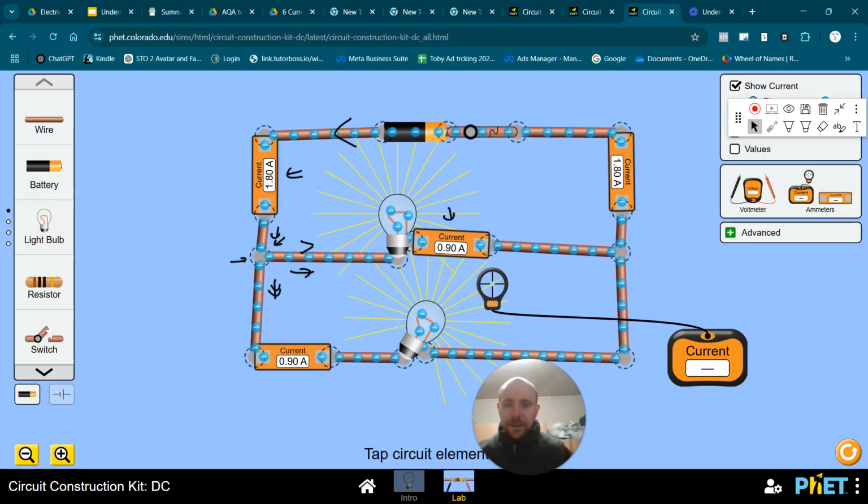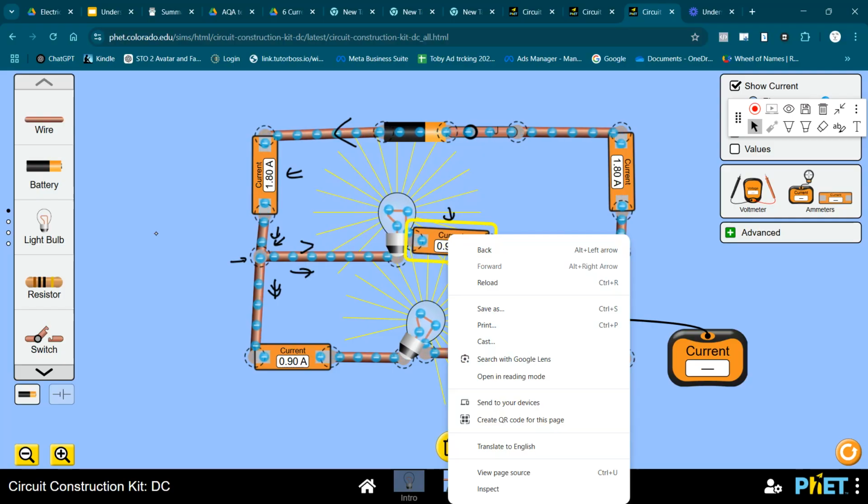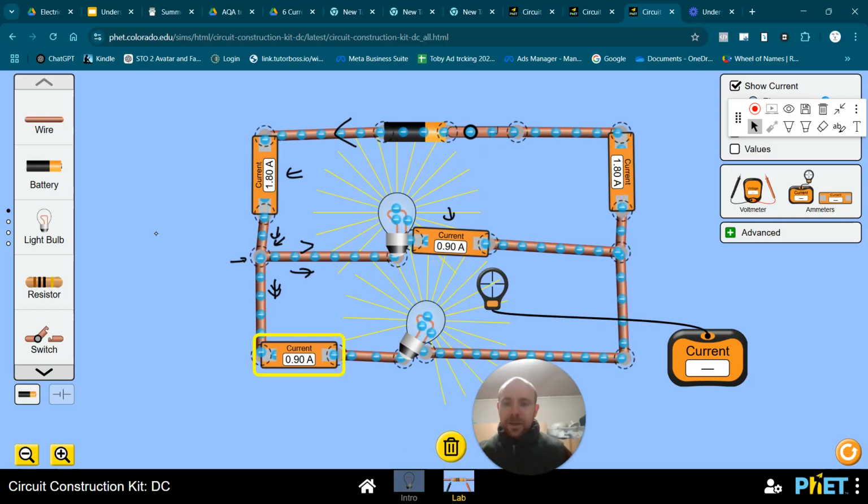This ammeter here is in series with this lamp, but this ammeter here is in parallel with this ammeter here, because there was a choice, there was a different route that those electrons could go down. So we would say that this lamp is in parallel with this lamp.